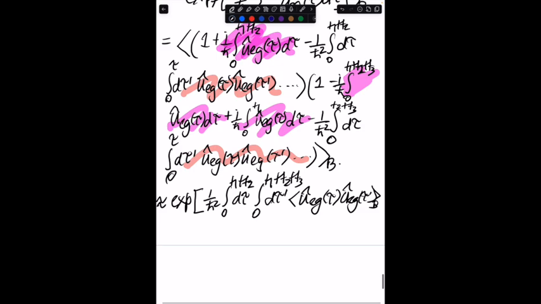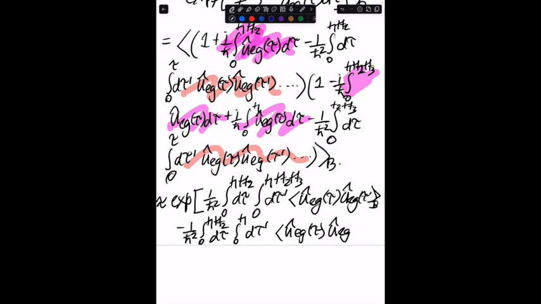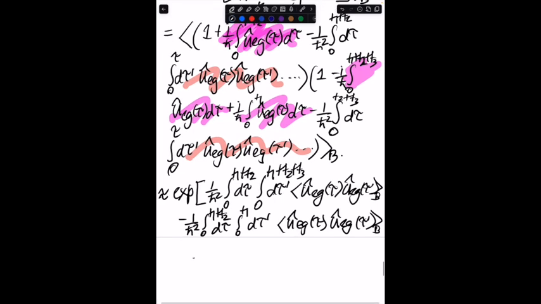And then you have another term which corresponds to minus 1 upon h bar square, 0 to T1 plus T2, d tau, 0 to T1, d tau prime. Then you had e^{-iG tau}, you had e^{iG tau prime}, and then you have the remaining two terms.